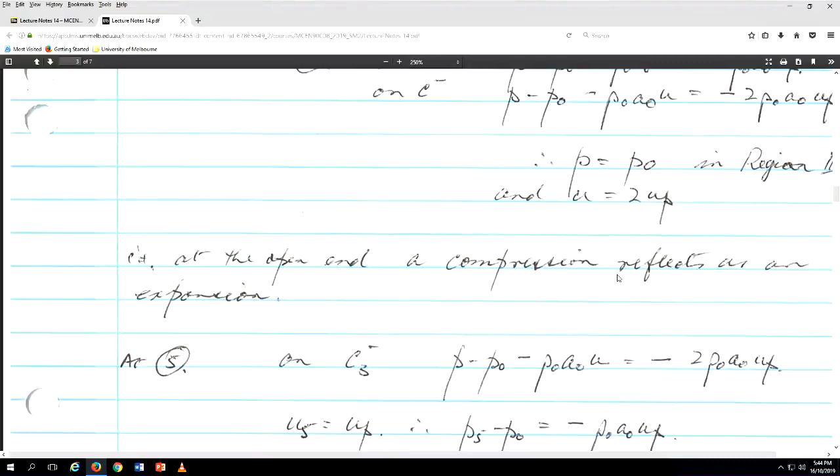U5 has got to be equal to, I'm prescribing at 5, the velocity has to be that of the piston. But I don't know what the pressure is, so if I take it to the right-hand side, I get minus rho naught A naught UP, and so the pressure at 5 actually is below ambient pressure P naught.